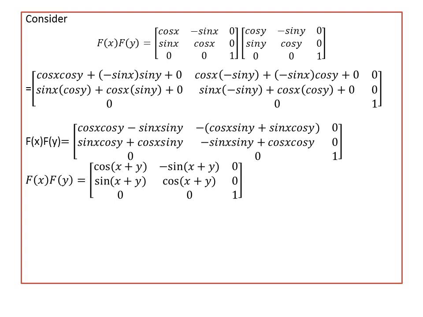Sin x cos y plus cos x sin y gives sin of x plus y. Cos x cos y minus sin x sin y gives cos of x plus y, 0, 0, 0, 1. We'll take this as equation number 2.